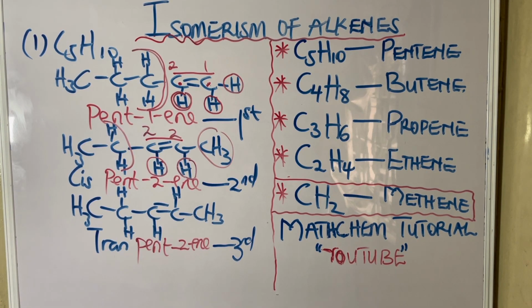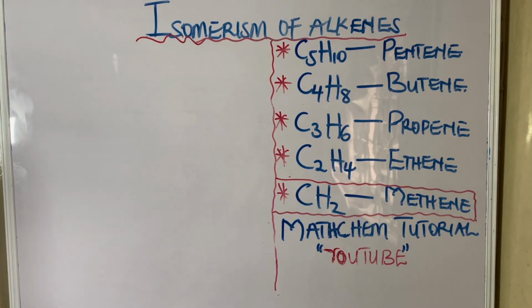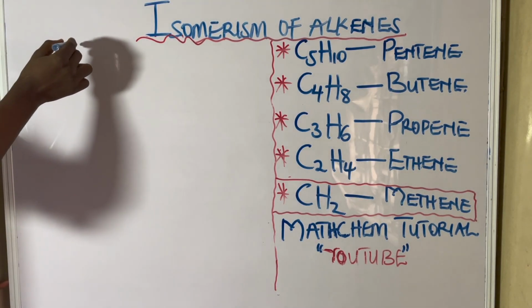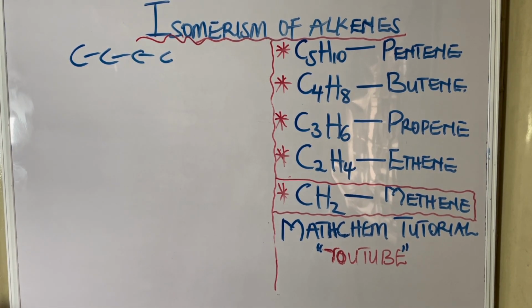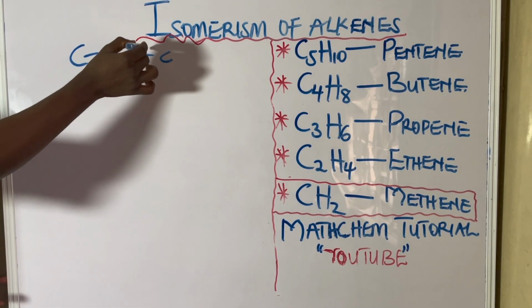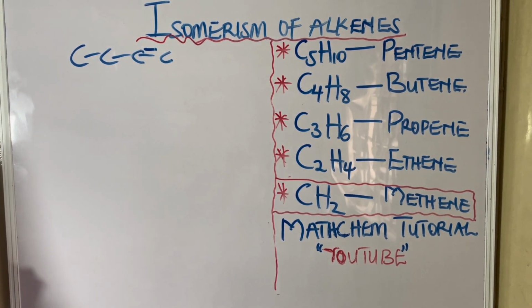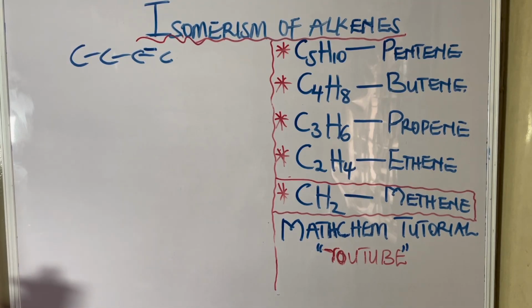So the only thing I'm going to do now is to break down the carbon atoms into 4 and then try to put the 5th carbon here and there. So the next thing you are going to do now is to write 4 carbons, 1, 2, 3, 4. Then remember, if I put my double bond here, and have it in mind that I have another carbon left.